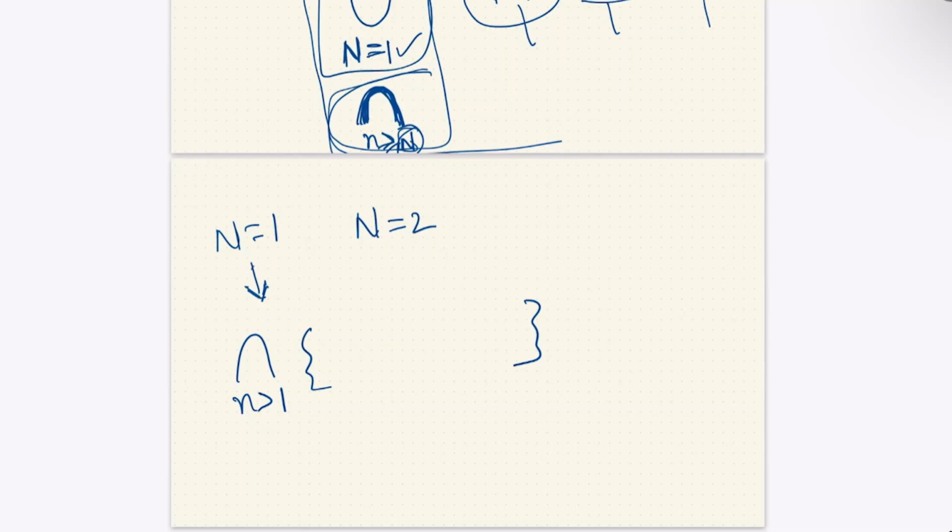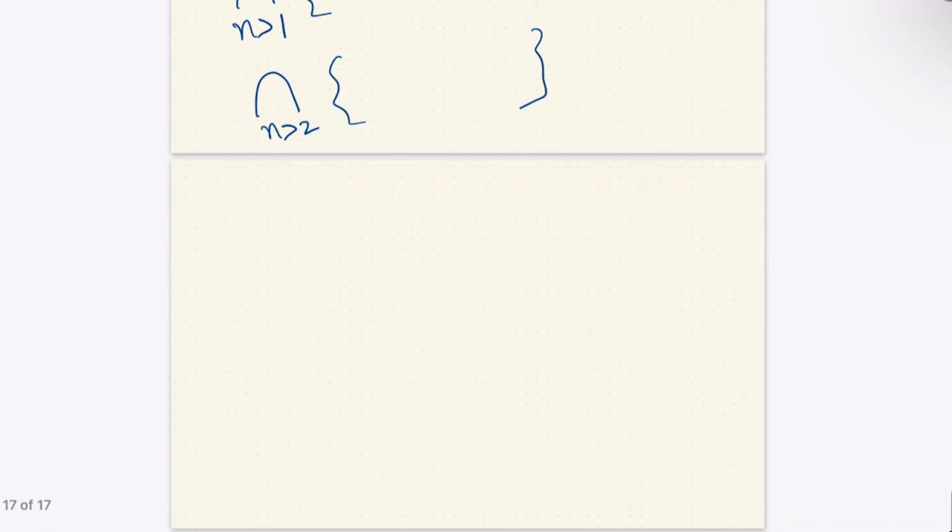Then you choose n equal to 2, and for all n greater than 2 you will get another large collection. Then you continue, n greater than 3, and you get a large collection.